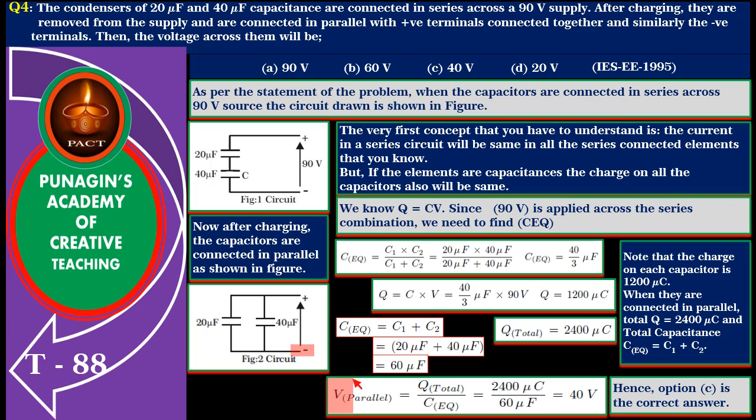Therefore, voltage across the parallel combination V parallel is equal to Q total divided by C equivalent. By substituting the values and solving, we get V is equal to 40 volts. Hence, option C is the correct answer. Hope it is clear to you.